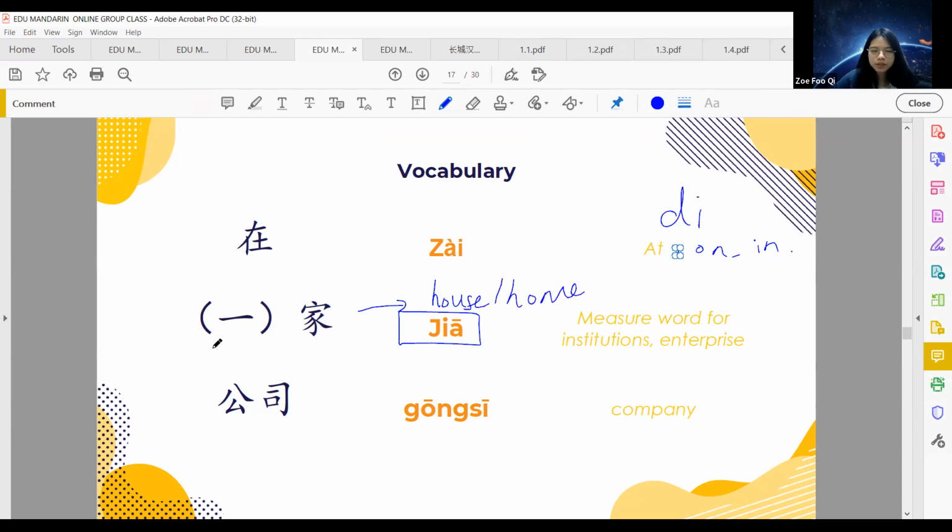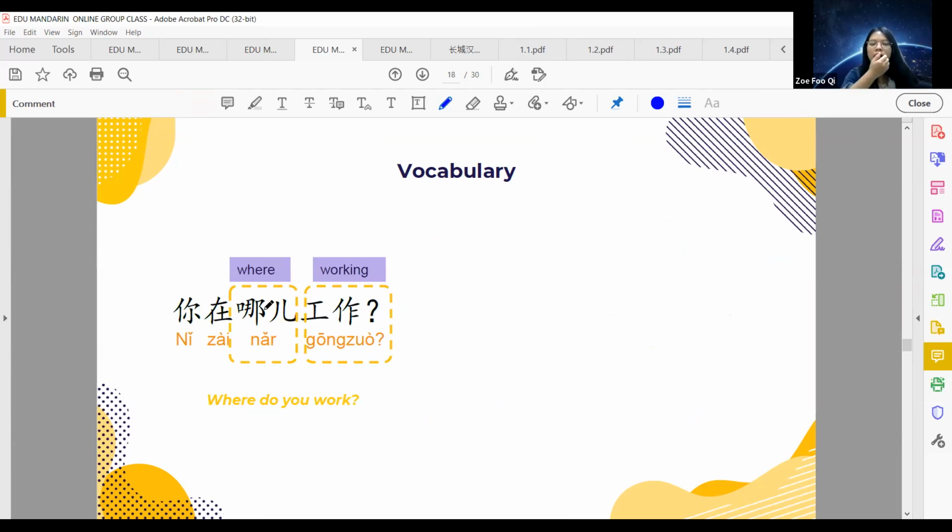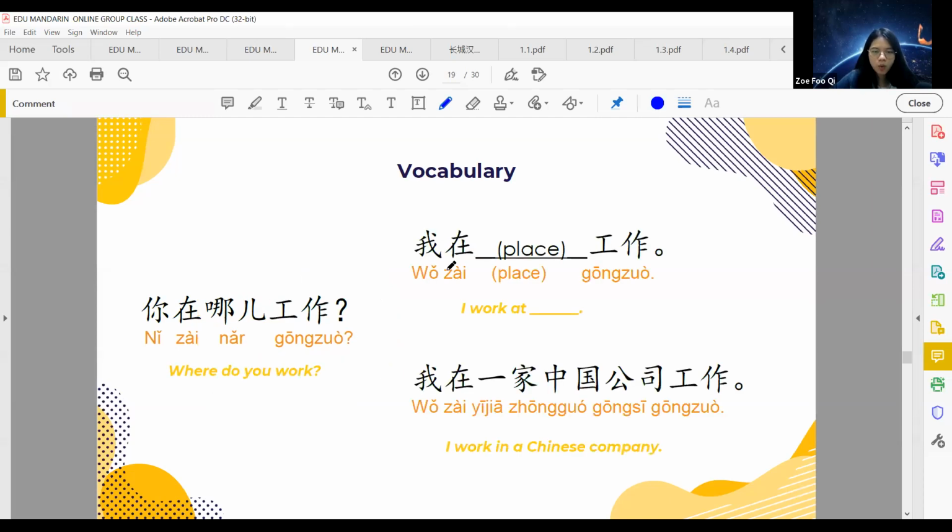Then this one is 公司. So normally when we stick it together it will become 一家公司, sebuah syarikat. Okay, 一家公司. So this one is okay. 你在哪儿工作? So where do you work? So this one is 我在, and then you answer the question. Okay, 我在 then something 工作. So 一家中国公司, a China company.